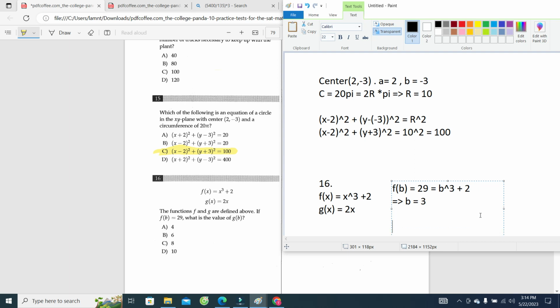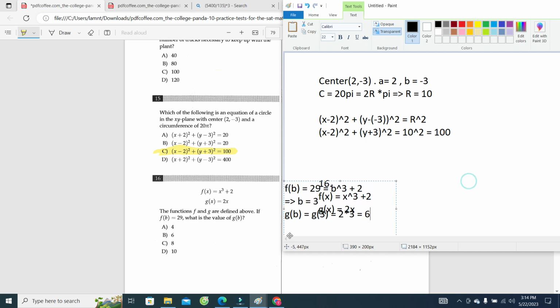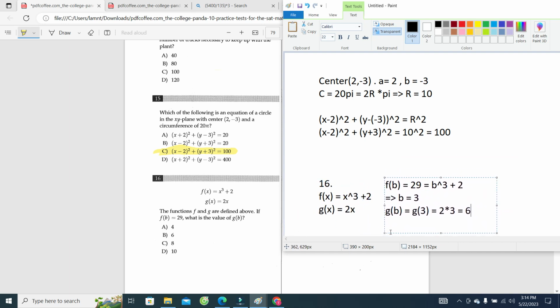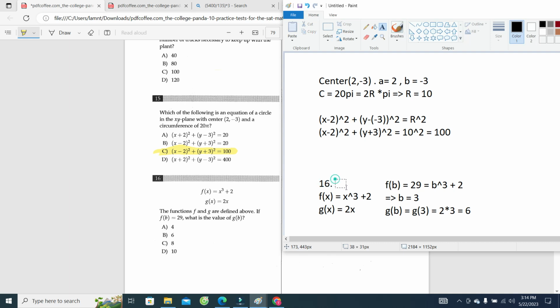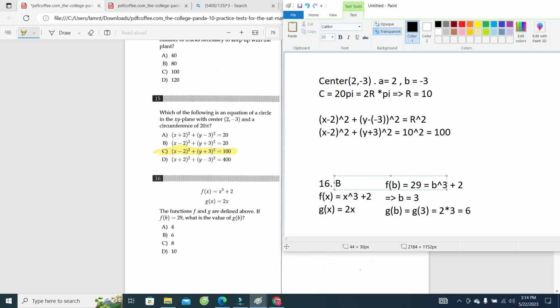So we know that g of b is gonna be g of 3, so that is 2 times 3, so it's 6. g of b is 6, so 16 is gonna be B.